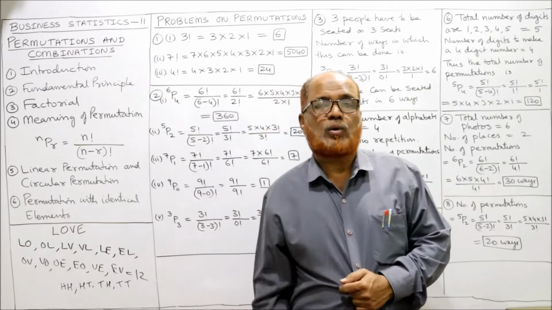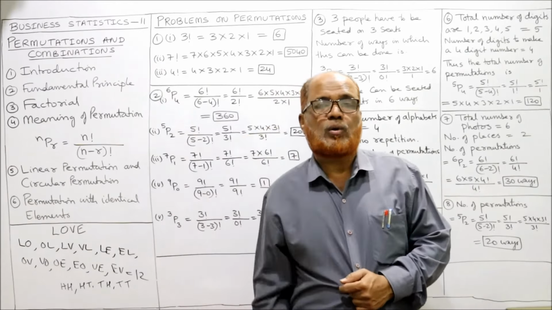That is equal to 5 factorial divided by (5 minus 2) factorial. So how to solve this one? 5 factorial divided by 5 minus 2, which is 3, so 3 factorial in the denominator. In the numerator, 5 into 4 into 3 factorial.